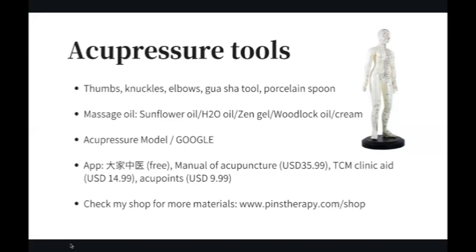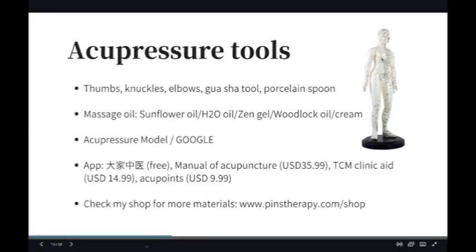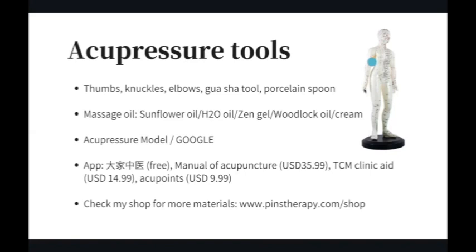And something to help you learn the acupressure points is the acupressure model that I've shown on the slide here. So in the human body, we have 12 meridians, like the lines going through our body from the toe to the head. Some are going from the tip of the finger to the shoulder. So depending on which meridian you're focusing on, you're able to look at the model and learn each of the points and the location.